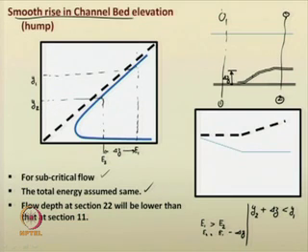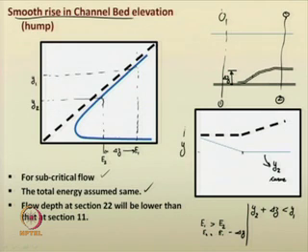Y2 plus del Z is less than Y1 in most of the conditions. Therefore, the downstream curve, this is Y2 curve, it will decrease, it will reach a critical depth value. This is the critical depth value.